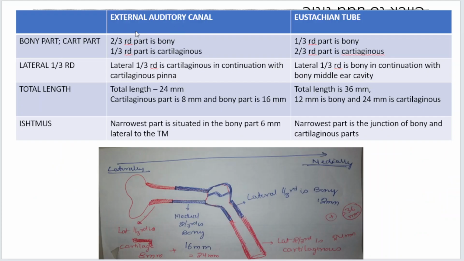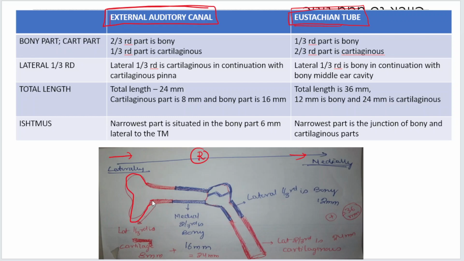Coming to this last slide, I included this slide because this was important from the NEET PG point of view, and also this is sometimes confusing. They try to compare the external auditory canal and the Eustachian tube. Here you can see we are passing laterally to medially. This is the right side of the patient. This is the external auditory canal.